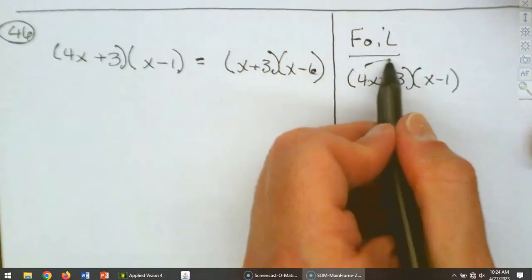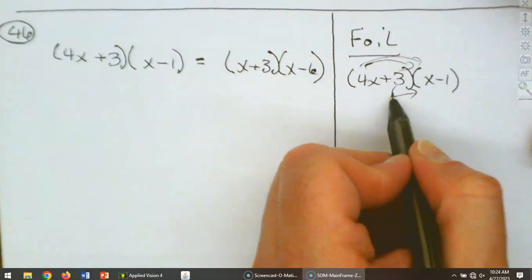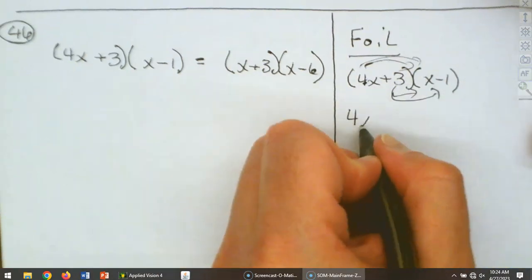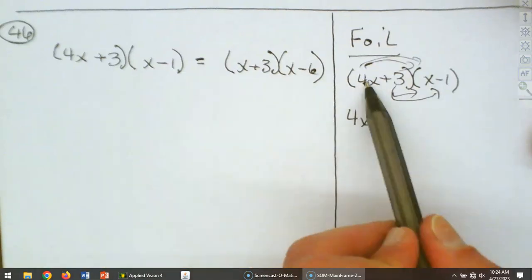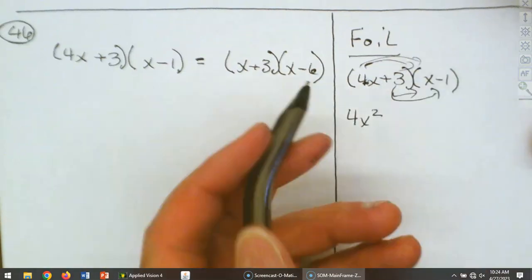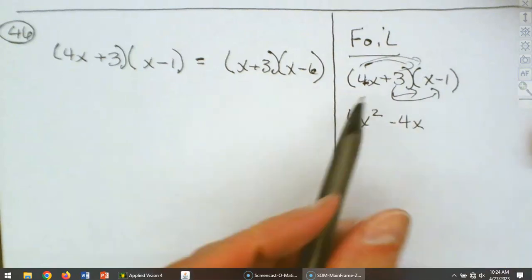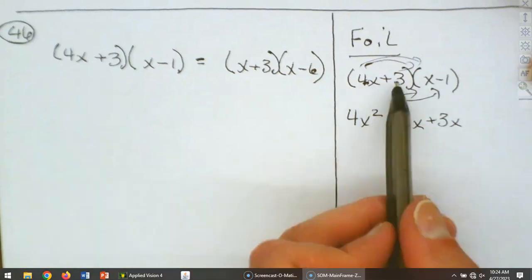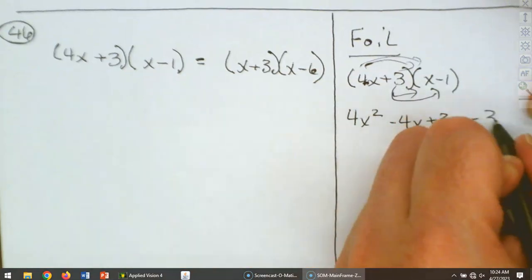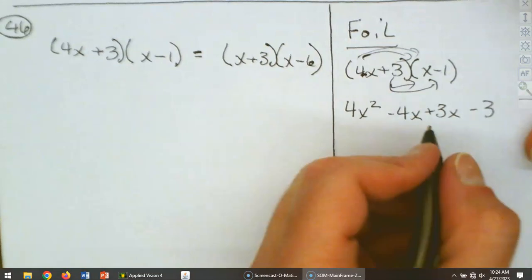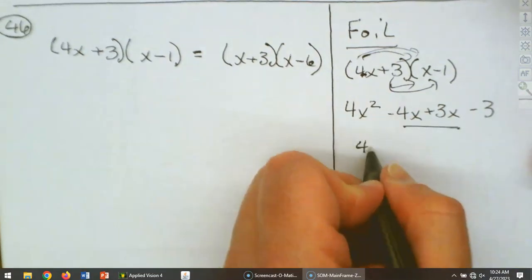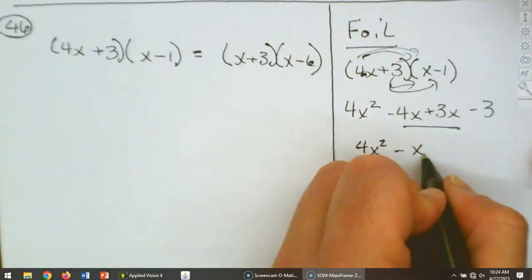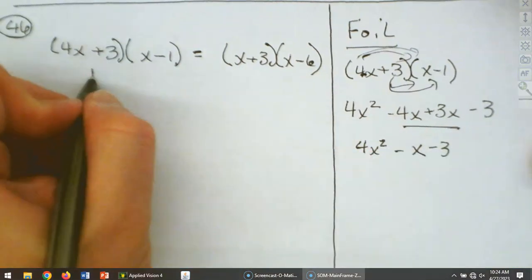FOIL this out. 4x times x, that's a 4x squared. 4x times a negative 1, that's a minus 4x. 3 times x, that's a positive 3x. 3 times a negative 1, that's a negative 3. We put the middles together, and that is 4x squared minus x minus 3. So that's this side here.